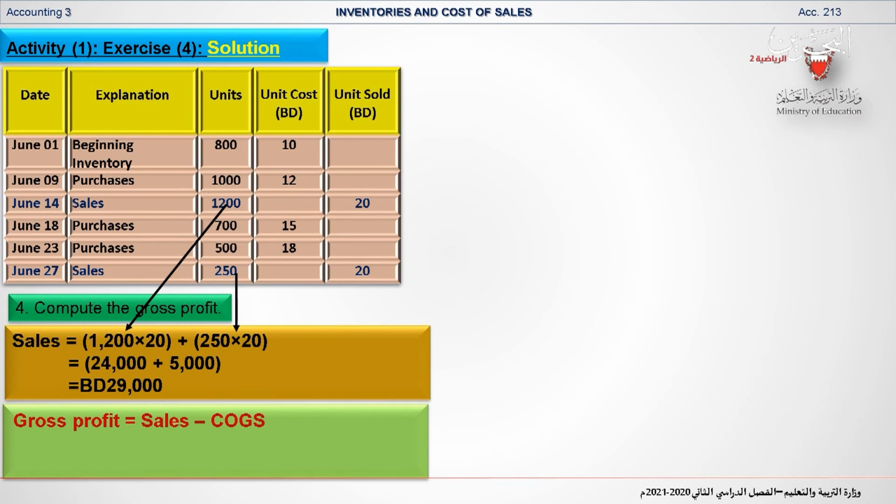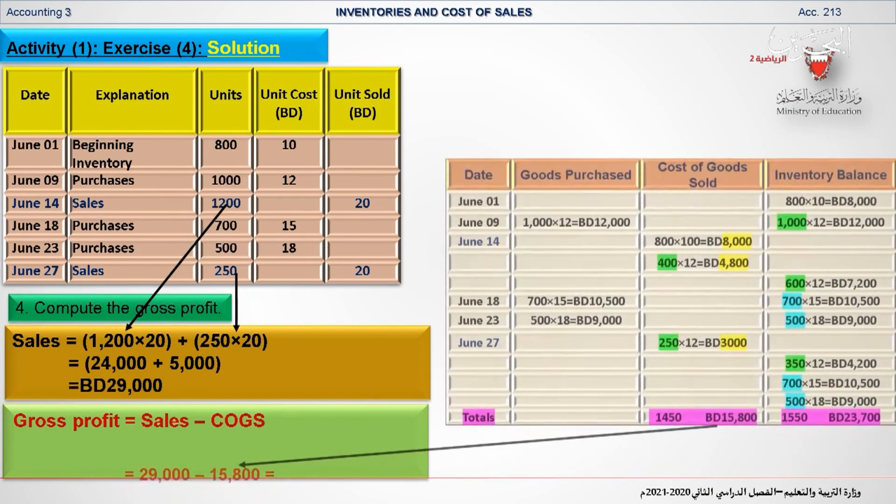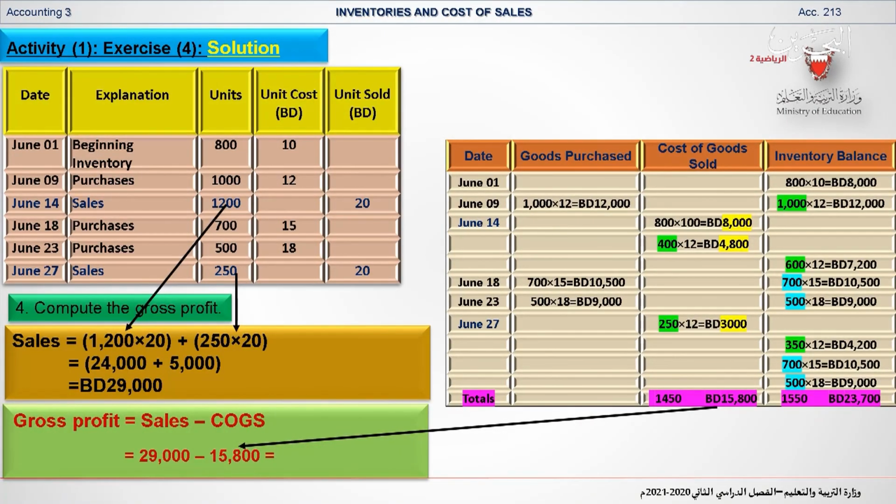The total sales will equal 29,000 BD. After we calculated the sales, we take cost of goods sold calculated earlier in the table in requirement 3. We are ready now to calculate gross profit, which equals 13,200 BD.